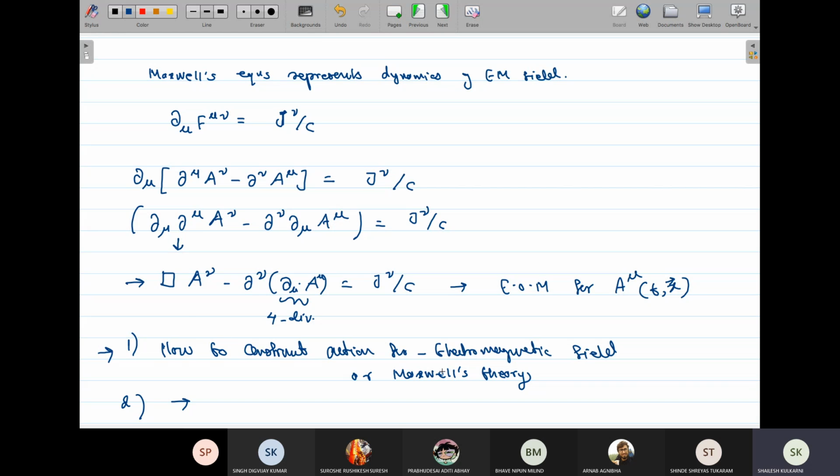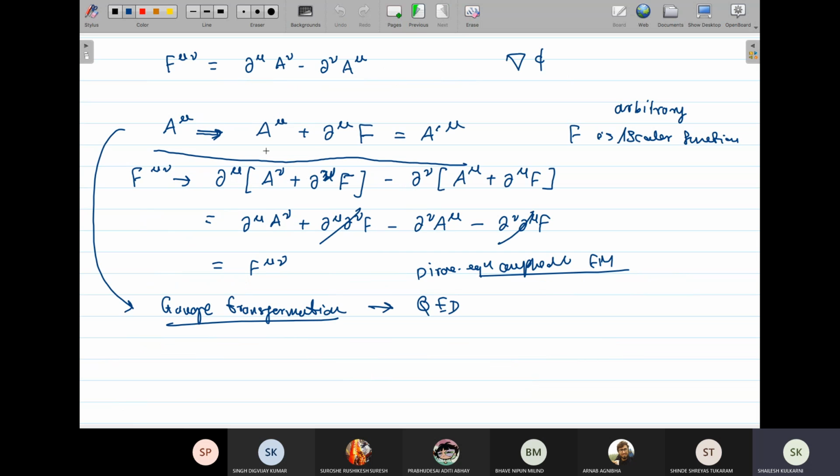One has to construct the action principle for the electromagnetic field, or Maxwell theory, and one has to address the issue related to gauge transformation. I will tell you something here itself: by using the gauge transformation, one can remove this term. What this basically tells you is that if I change A by this much amount, my electric and magnetic fields are unchanged. That means this is the freedom which I have in choosing my A.